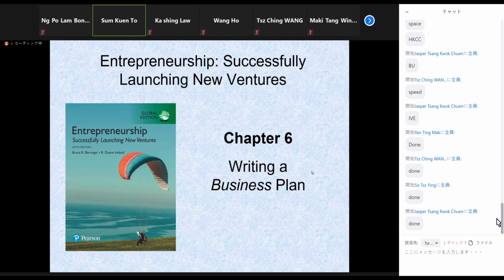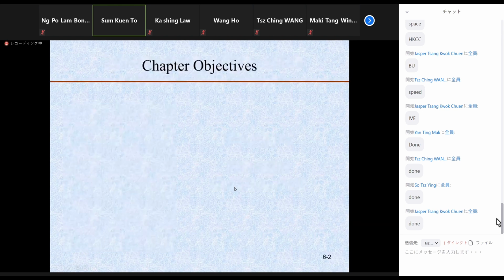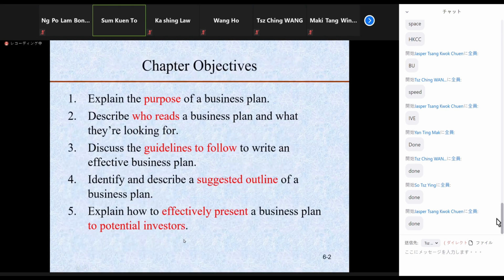Okay, so writing up a business plan, we have several items to cover, which, as I said before, we cover why we need to prepare that, and then internal, external.